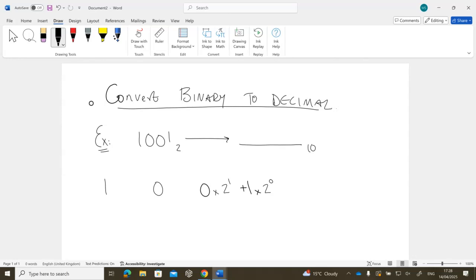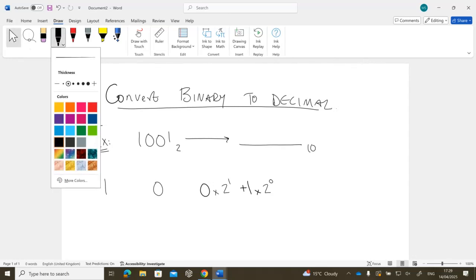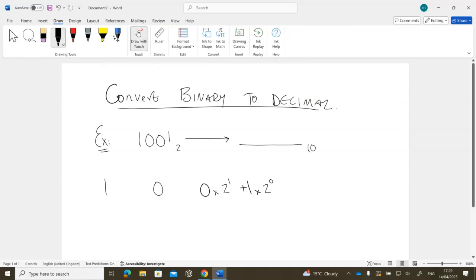Because this is the 0th place, 1st place, 2nd place, and so on. We start from the right side, power 0. Plus, what should this be? times 2 to the power of 2, and plus 2 to the power of 3.